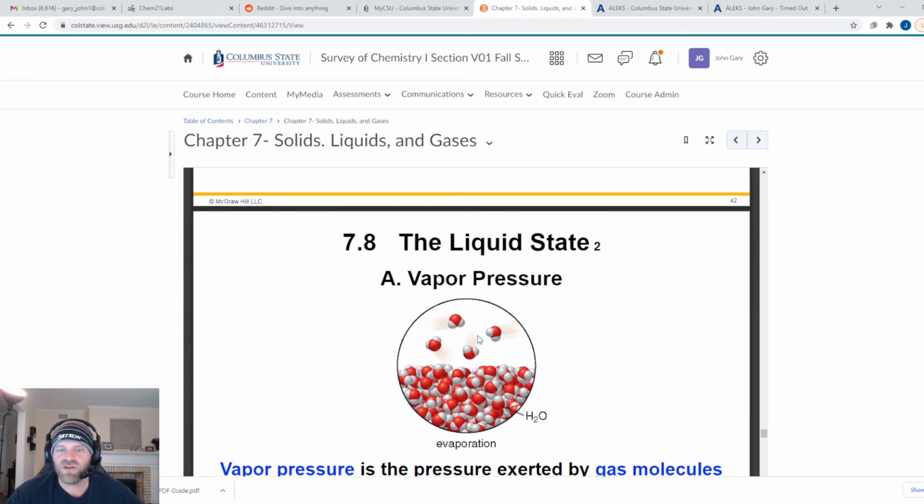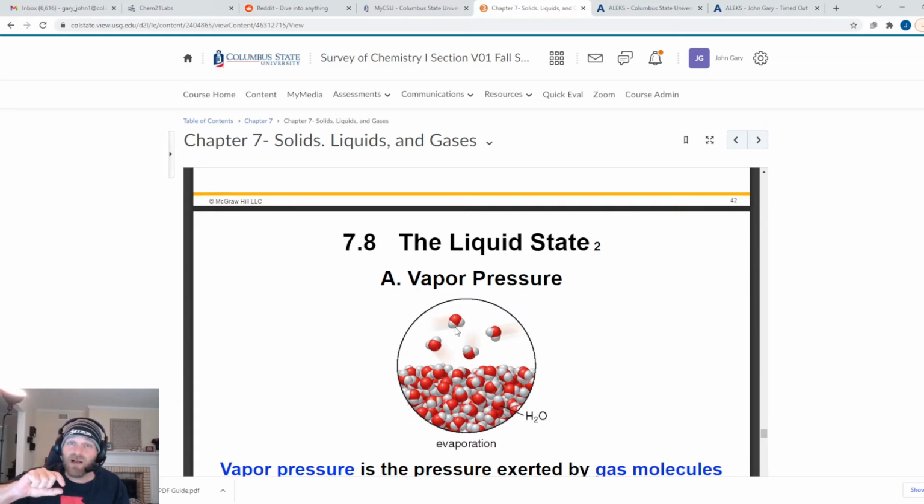Vapor pressure. Anytime you have a glass of water or a glass of coffee or tea, anything, there is a certain amount of molecules being ejected from the top of that glass, and sometimes you can smell it. If I smell over alcohol or anything, I can smell that alcohol coming out of the glass.